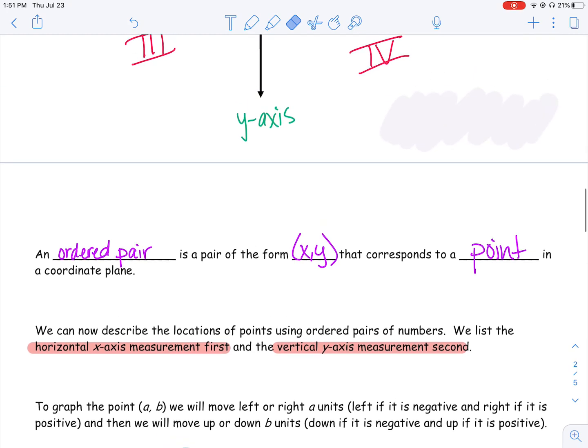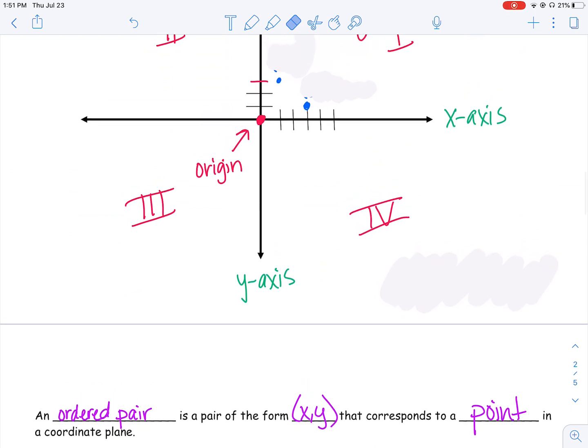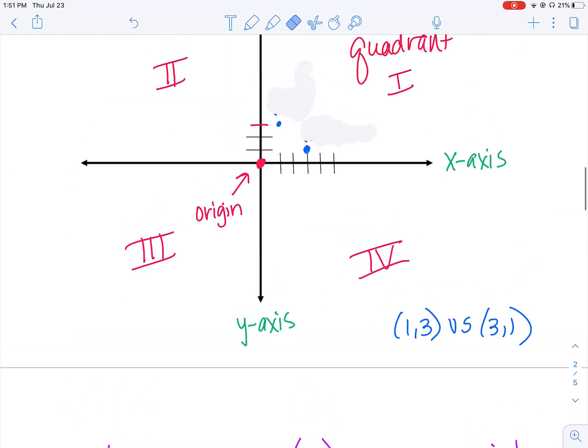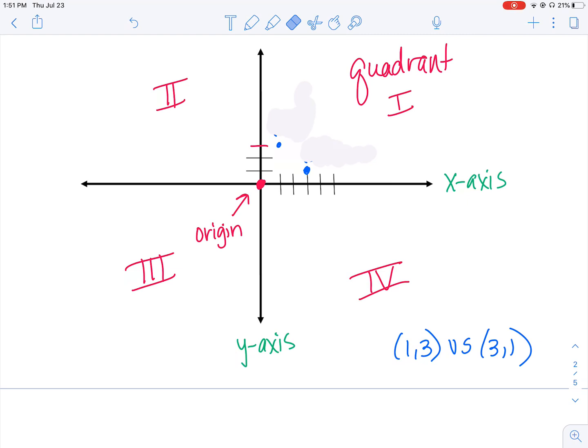Let me show you an example. If I gave you two different points, let's say the points 1 comma 3 versus 3 comma 1. In our first point, our 1 is our x value and our 3 is our y value, or our x coordinate and our y coordinate. I can plot this point by moving right 1 and up 3, and so the point 1 comma 3 would be right there in quadrant 1.